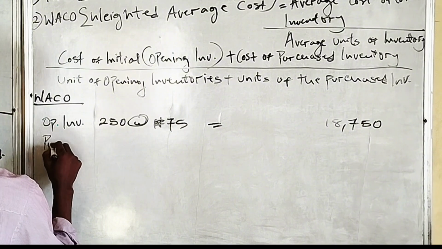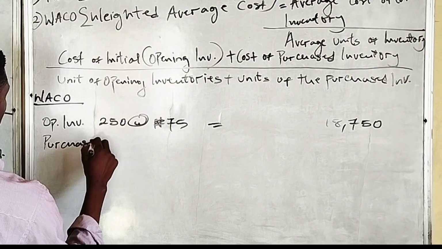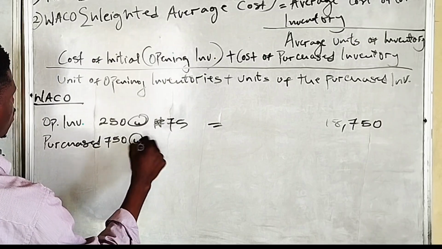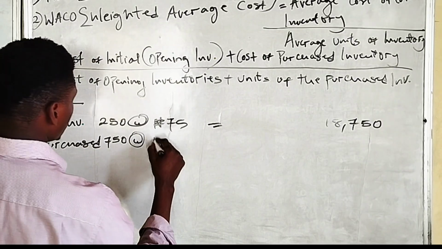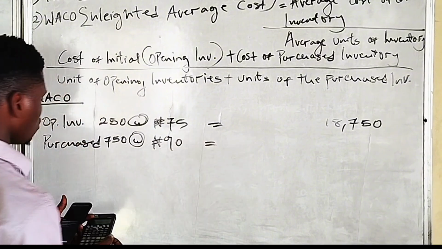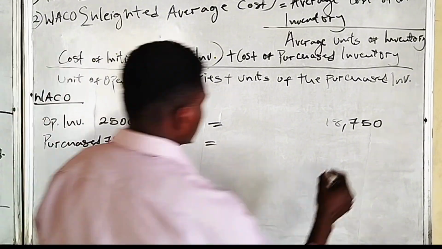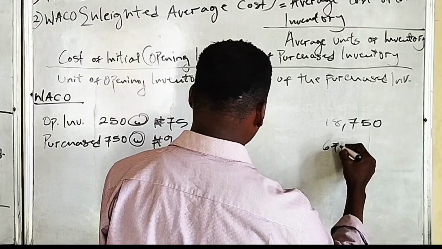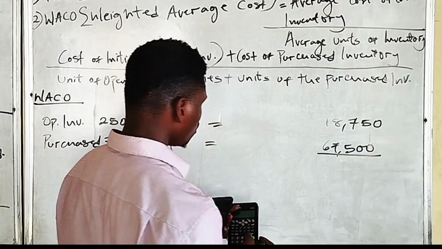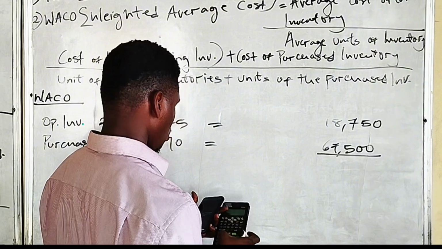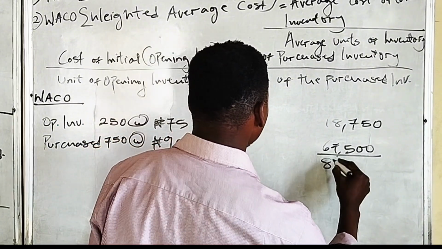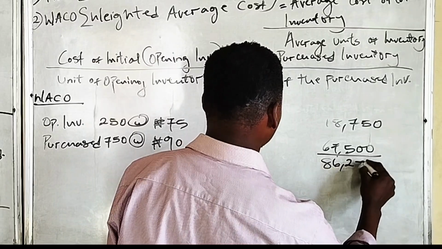Then we purchased additional 750 units at a cost of 90 naira per unit, which gave us 67,500. This before issue gives us 86,250.